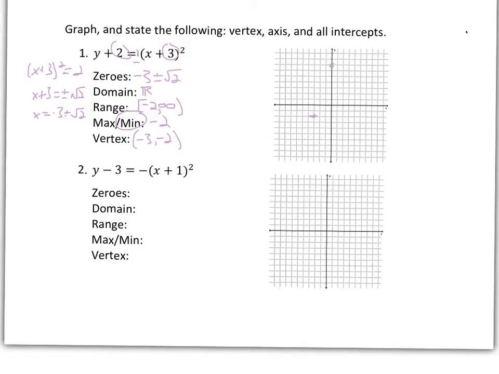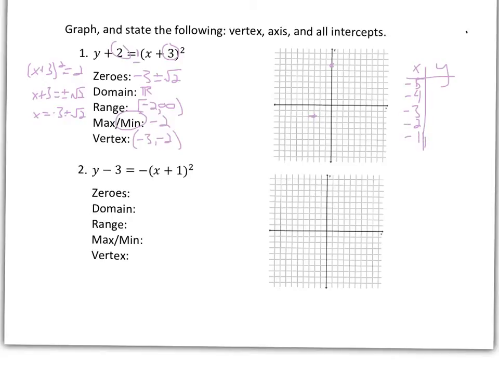Now, in order to finish this, remember that the way that you figure out what the shape of this graph looks like is you have to create a table. All right, so I've got a table of values here. Right, I'm always going to start, the middle one is going to be the x value of your vertex, right, so -3, and I'm going to take 2 on the left of that, 2 on the right of that, -4, -5, -2, -1.